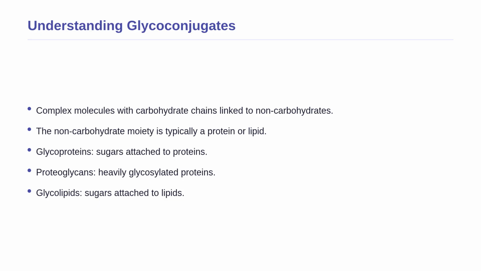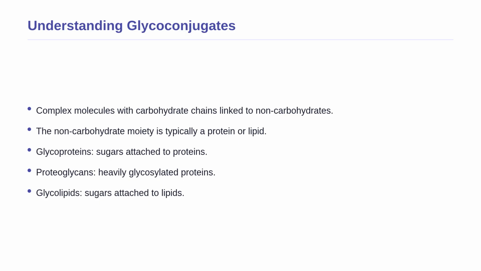Building on the idea of hybrid molecules, let us explore glycoconjugates. These are complex, biologically active molecules where one or more carbohydrate chains are covalently linked to a non-carbohydrate moiety. This non-sugar part is usually a protein or a lipid. There are three main classes you need to know.